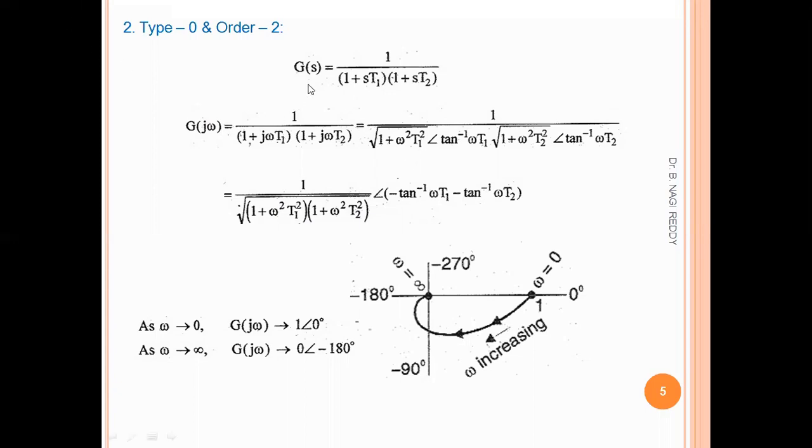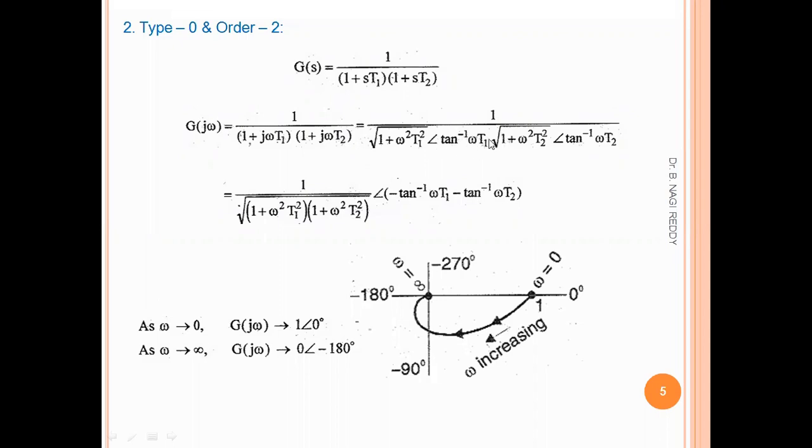Then calculate the magnitude and angle for this G of j omega open loop transfer function. For the first term, the magnitude is square root of 1 plus omega square T1 square at an angle of tan inverse of omega T1. Similarly, for the second term, square root of 1 plus omega square T2 square at an angle of tan inverse of omega T2.